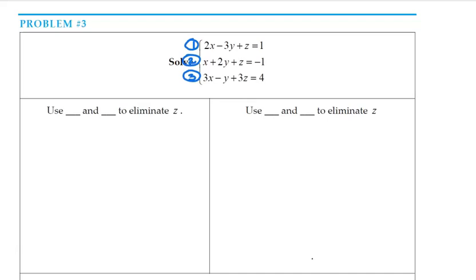Now, this is just a hint. You don't have to eliminate z. You could choose to eliminate the x's or the y's, but it's just looking like z might be the easiest to eliminate. So that's why it's saying this. Okay, so let's go ahead and take equation 1 and equation 2 and eliminate z. All right, so let's write those 2 down.